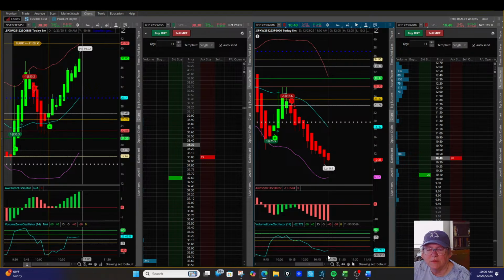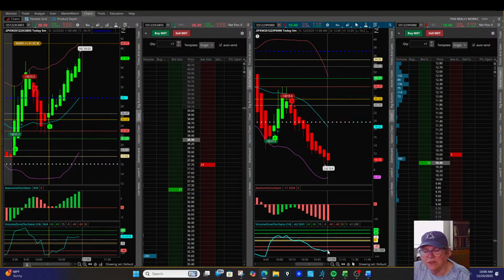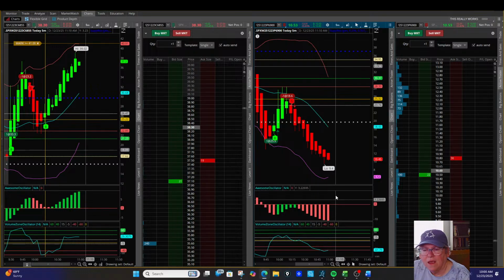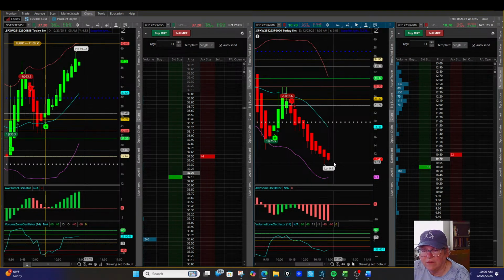We've got the volume zone oscillator has come down into this area where it's just gathering steam. And if we get a buy signal somewhere along here, and go back up.